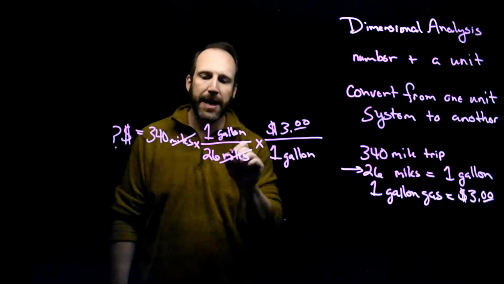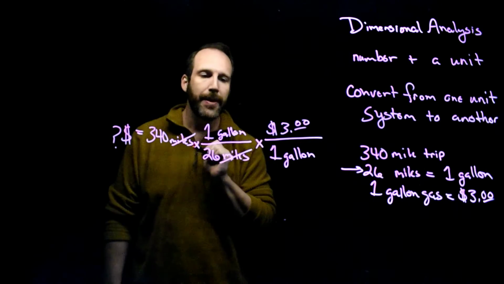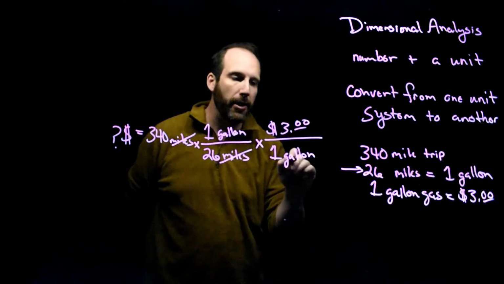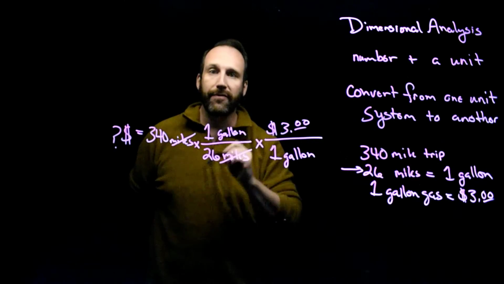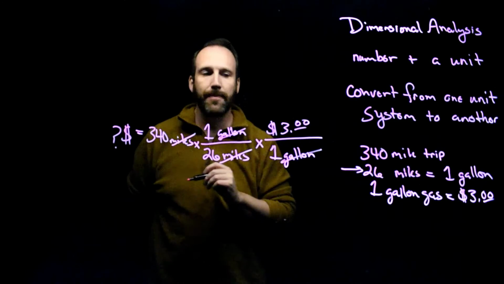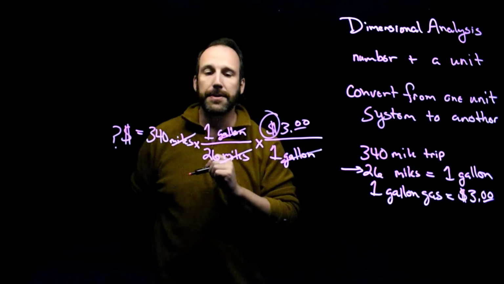I've already canceled out miles. I've already found that it's in both the numerator and the denominator. And now what I see is that gallons is now in both the numerator and the denominator. Remember, if units are in both the numerator and the denominator, those units cancel. And now the only unit that I have left is US dollars, okay?